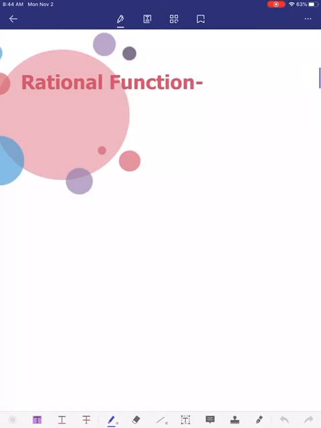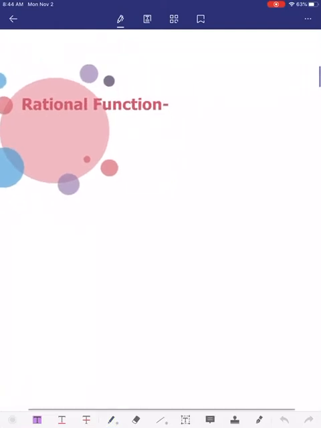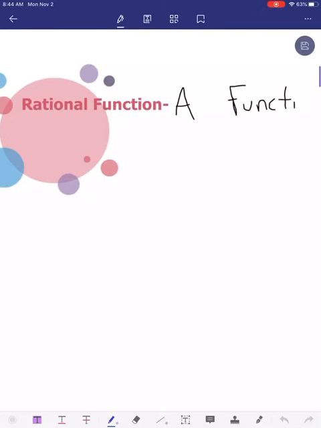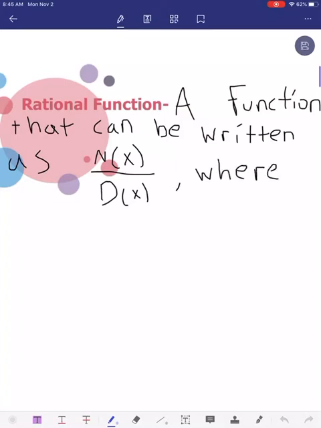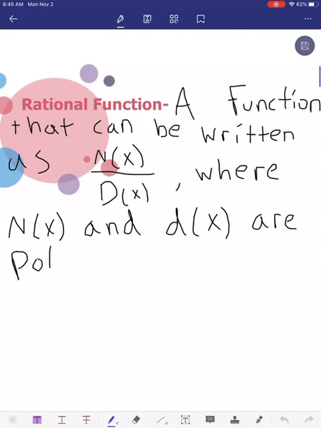So for rational functions, it is going to be a function that can be written as n of x divided by d of x, where n of x and d of x are polynomials.